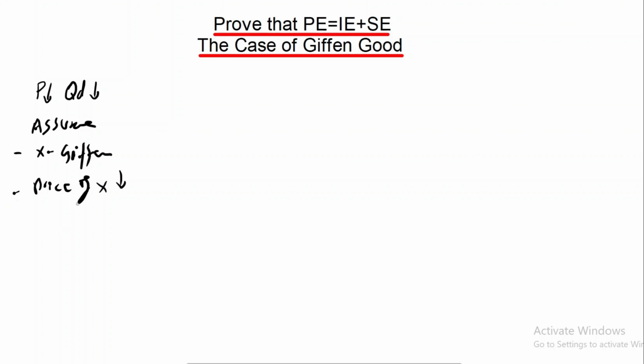And again, you have to keep in mind the basic key of the changes in budget line in case of income effect, price effect and substitution effect. So on the x axis we have x good, and on y we have y good, and initially the budget line is, let's say, AB. In case of income effect, if income increases, then the budget line will shift rightward.